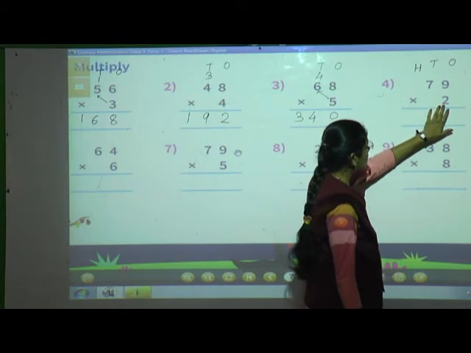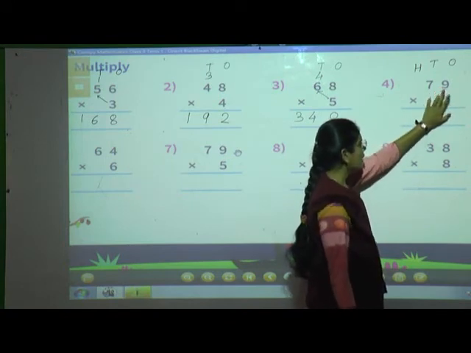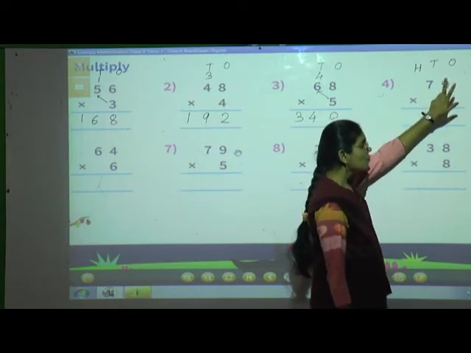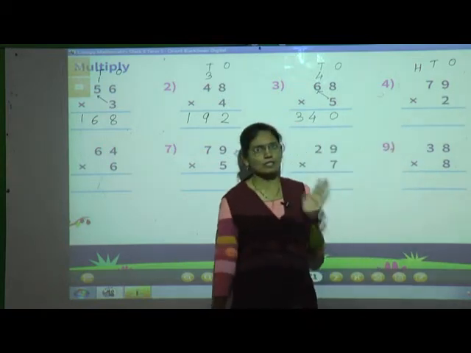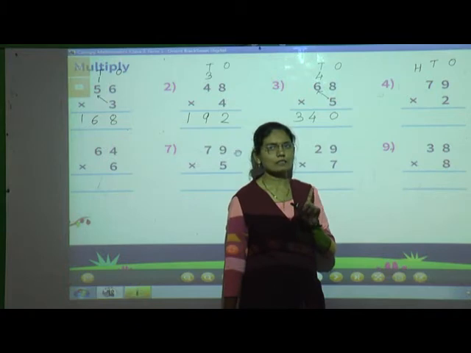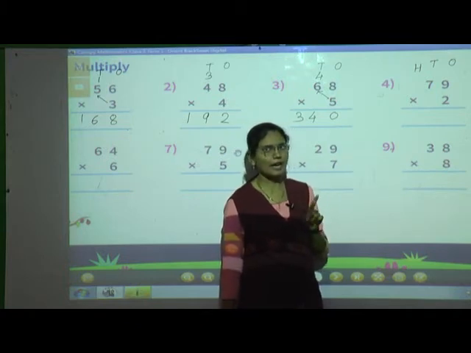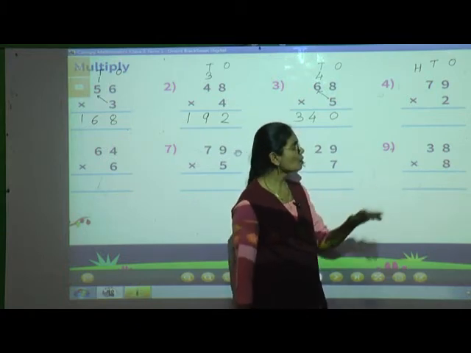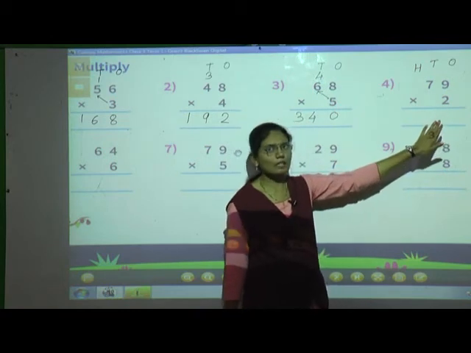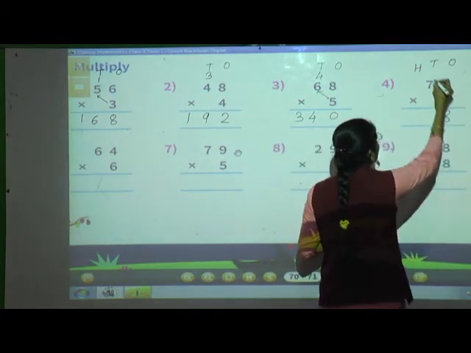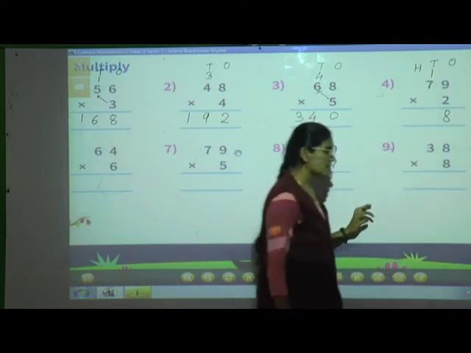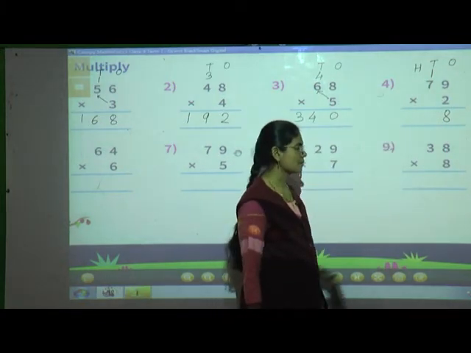Now start from the ones place. 2 into 9 ones. 2 9s are 18. Now 18 ones is equal to what? 18 ones is equal to 1 ten and 8 ones. So at ones place what we will write? Yes, we will write 8 and we will give 1 as a carry to the tens place.